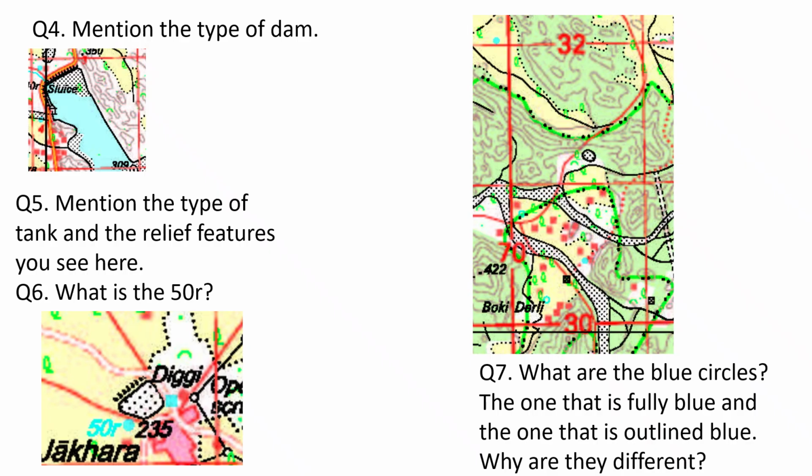What is that 50R? Next, we have the question, what are the blue circles? So you have a few blue circles over here. One is here, another is here, one you can see here. So what are these blue circles? How are they different from each other? You have to mention them.